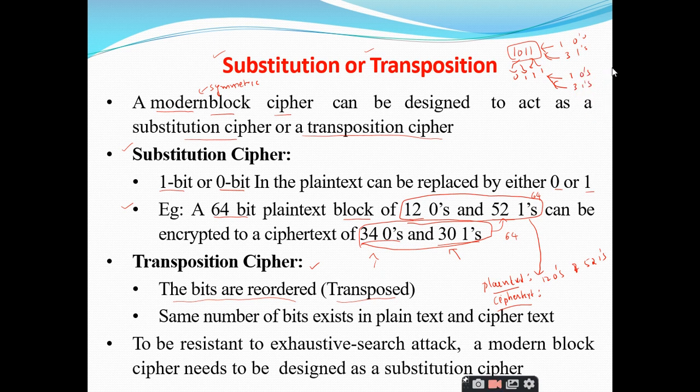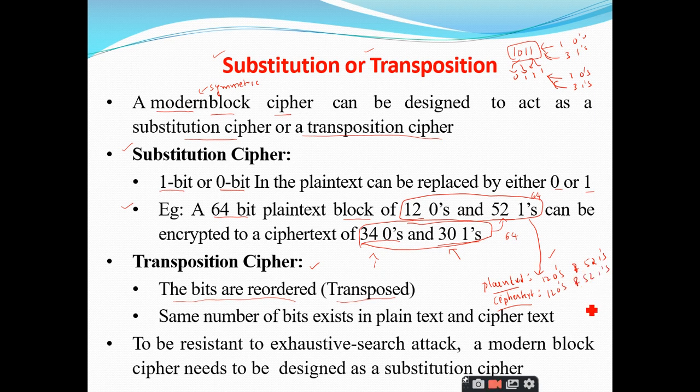So in the transposition technique, you are not going to change the bits. Therefore, whatever number of zeros are there, they will replicate in the ciphertext. However many ones are there, they will exactly reflect in the ciphertext also. So the number of zeros and ones remains the same, but the order of zeros and ones will change.